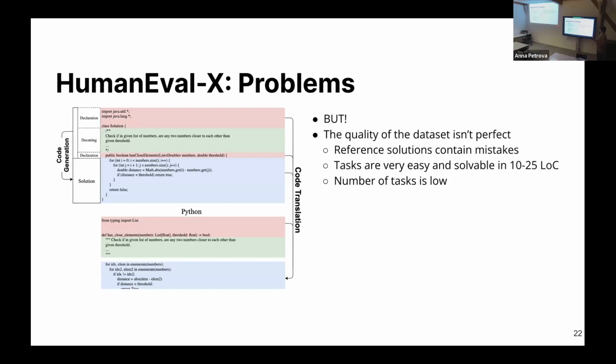First, the reference solution is not always correct; I have corrected some solutions because they were incorrect. Moreover, the tasks are very easy and usually solvable in 10 to 25 lines of code. And 150-plus tasks is low, because during our experiments the number of solutions passing to the next stage always decreases.